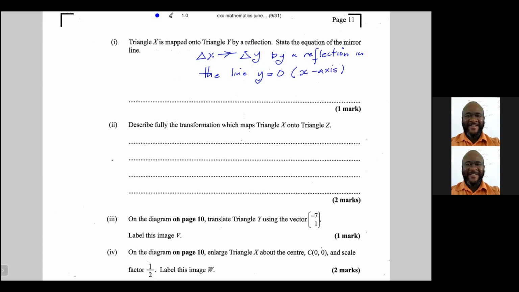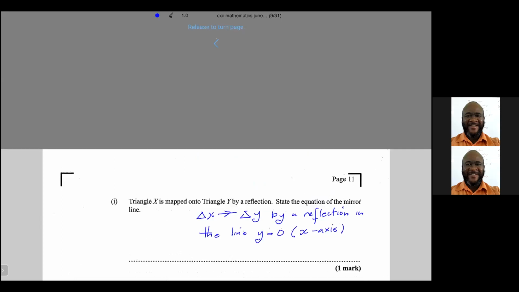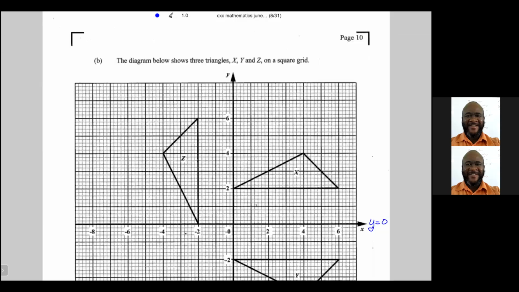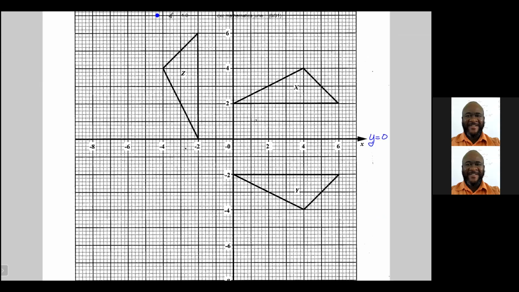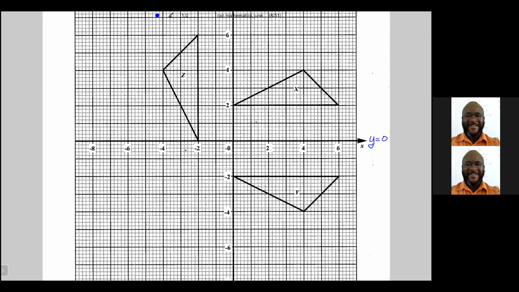All right, it says describe fully the transformation which maps triangle X onto triangle Z. So let's go back and see which transformation is going to map X to Z. All right, this looked to me like it's a rotation.